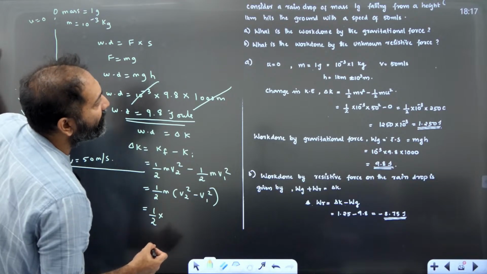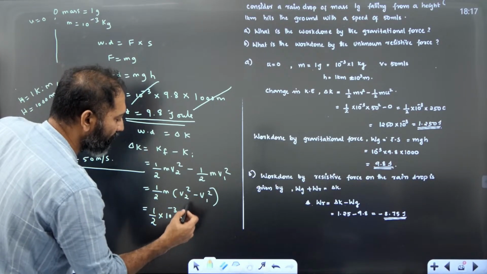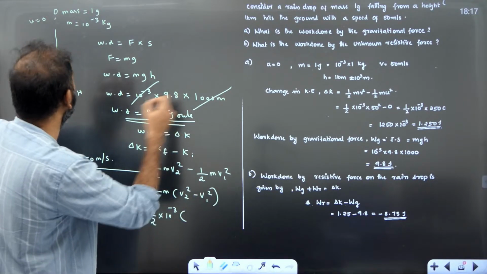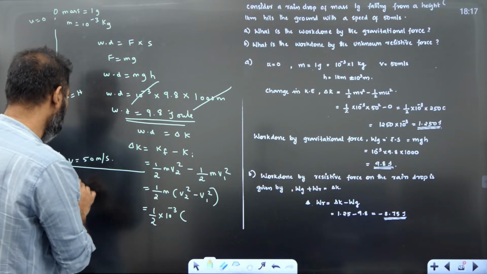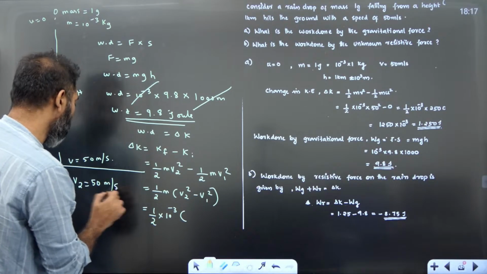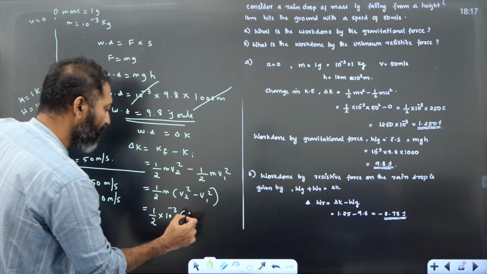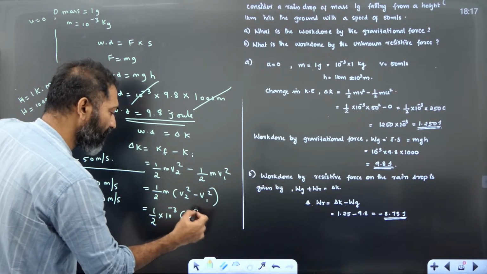Mass is 1 gram, that is 10 raised to minus 3. What is v2 square? The final velocity is 50, right? v2 equal to 50 meter per second. v1, the initial velocity, is 0 meter per second. So 50 square minus 0 square, I am not writing.